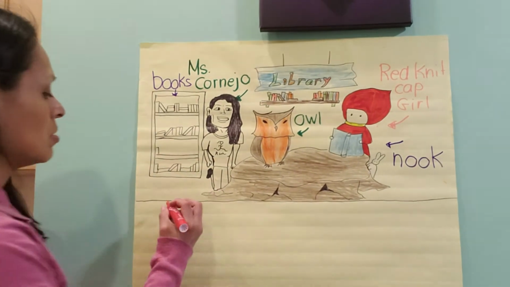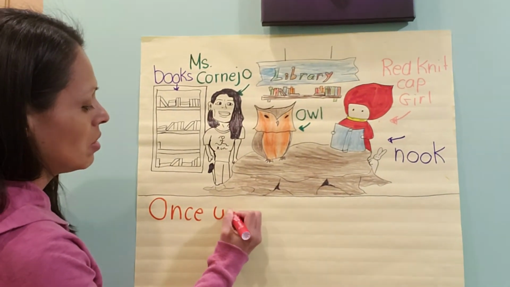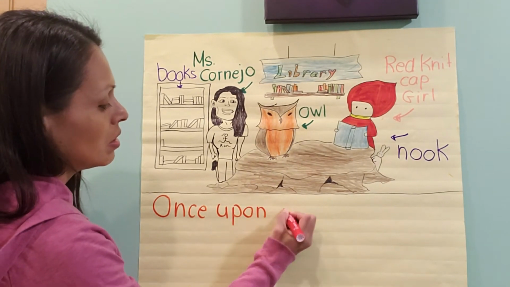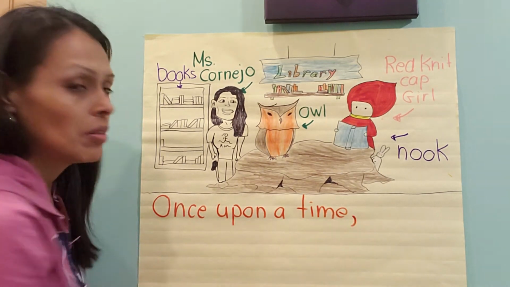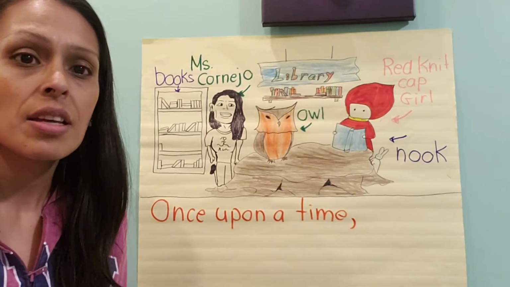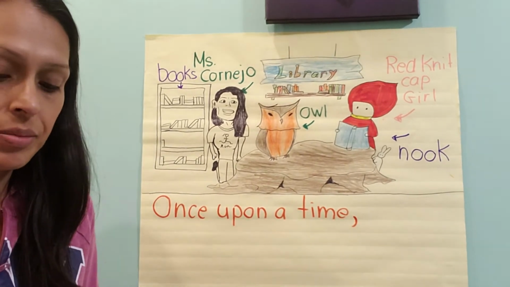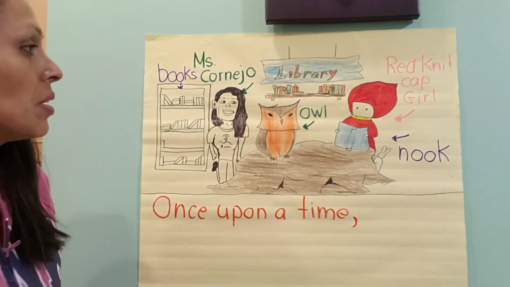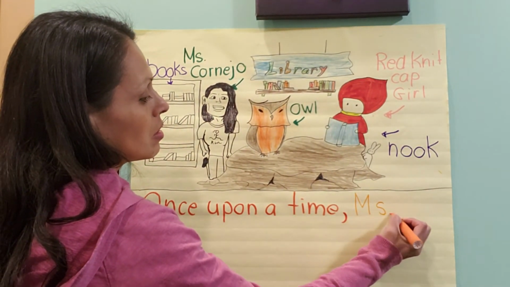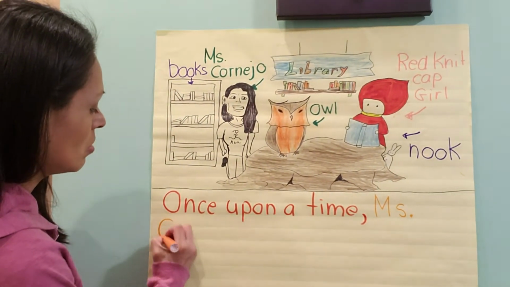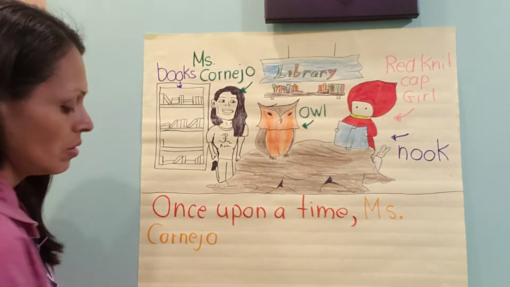Okay, so I'm going to write it here. Once upon a time, comma, right? Because comma separates ideas. Notice how I finger space, so that's very important. So once upon a time, okay, Miss Cornejo, right?